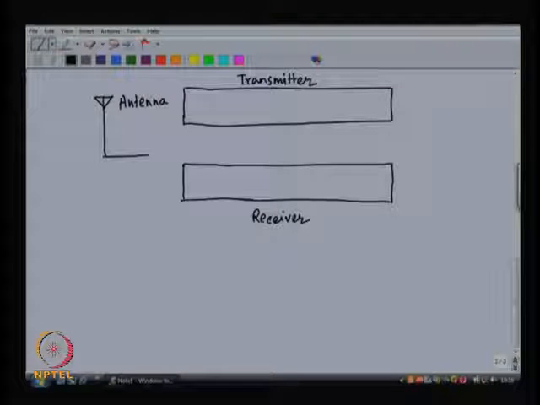So, abbreviations that will be used routinely in this course are TX for transmit, RX for receive. Anyway, so there is a transmitter, there is a receiver, both are going to be using the same antenna. How is it possible? How can both the transmitter and the receiver use the same antenna?